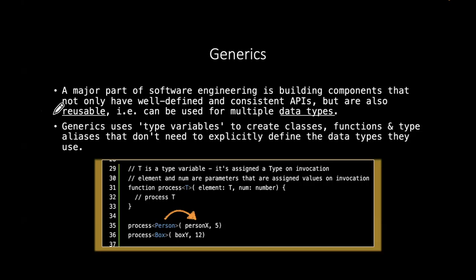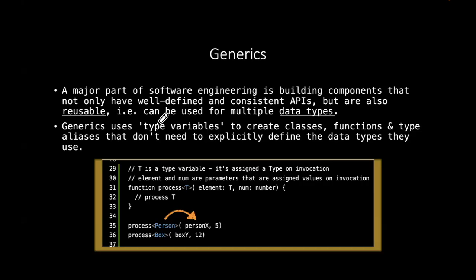So with a generic declaration, you have variables, right? But the variable in this case is instantiated with a type. Typically, when we talk about variables in programming, we assign values to variables. But with generics, you have variables that are assigned a type, and then you can declare variables with that type.